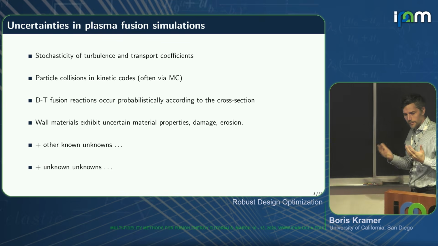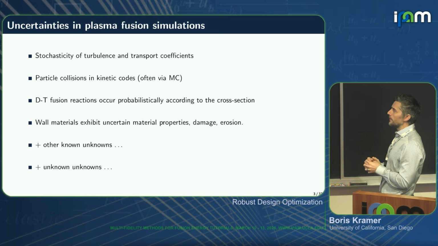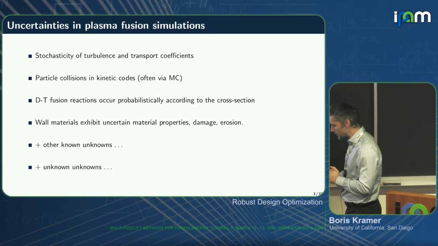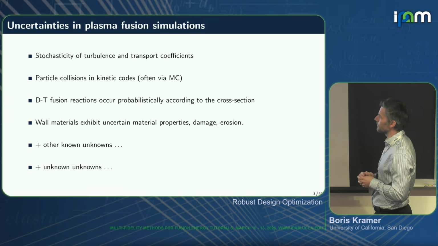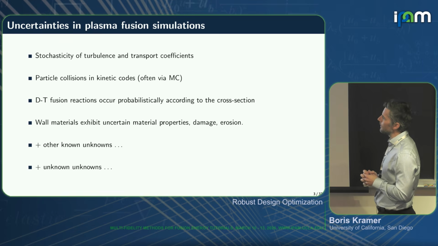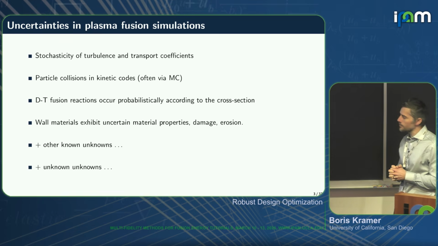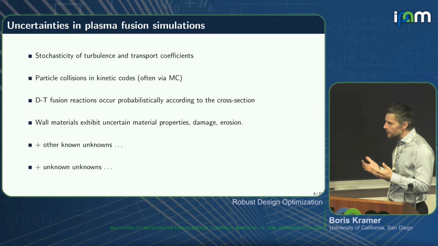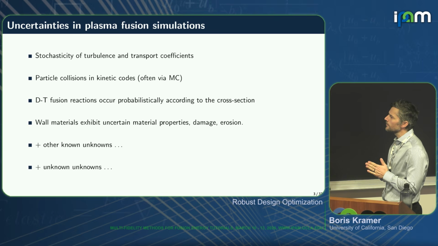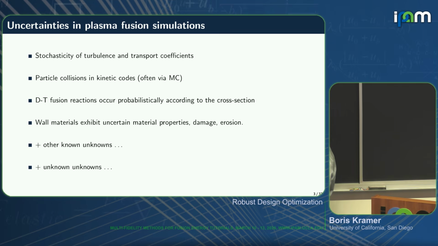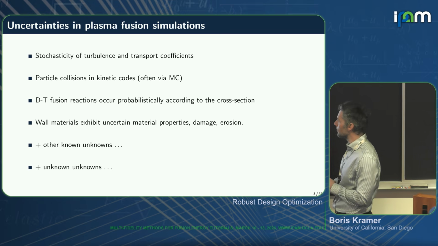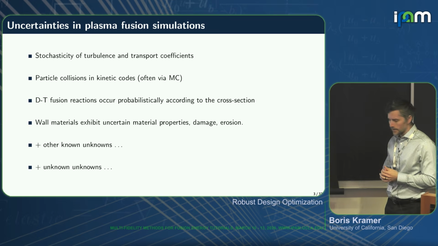We can model them as deterministic solvers, but we have seen PIC solvers, of course, that also have stochasticity, and even all the turbulence modeling inherently is a stochastic process. We have to model particle collisions in kinetic codes, often done also via Monte Carlo approaches. For the fusion reactions, you have to give cross sections, and those are really just probabilities that you state for fusion reactions to occur.